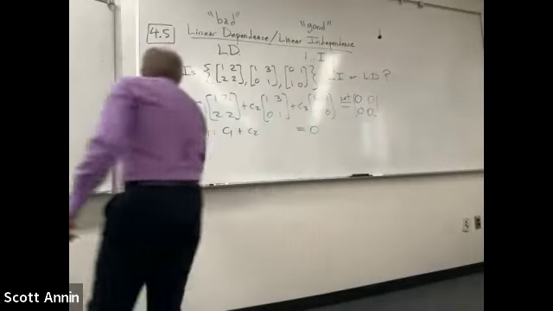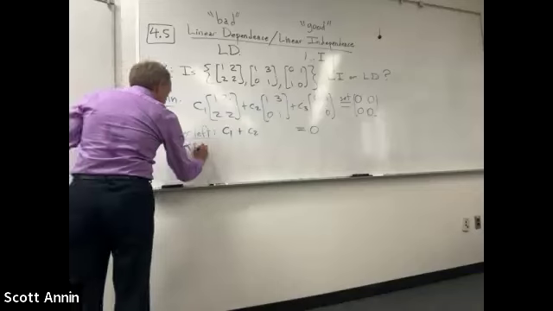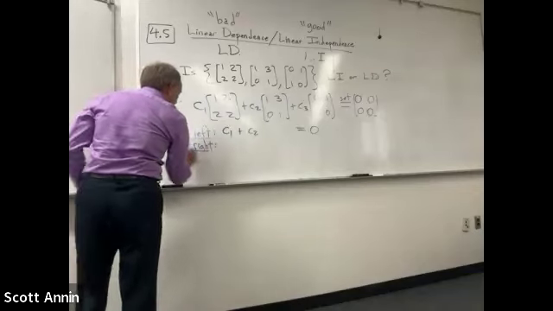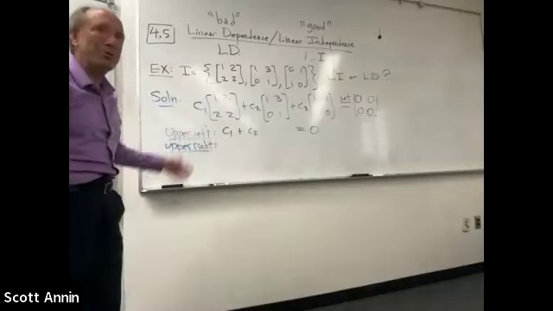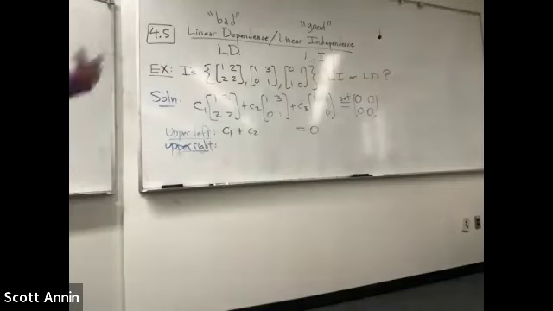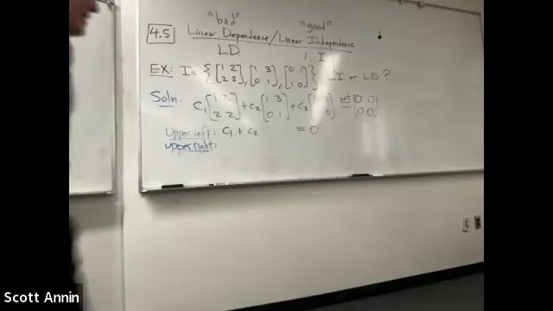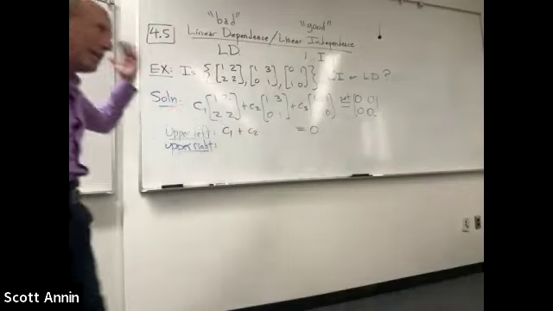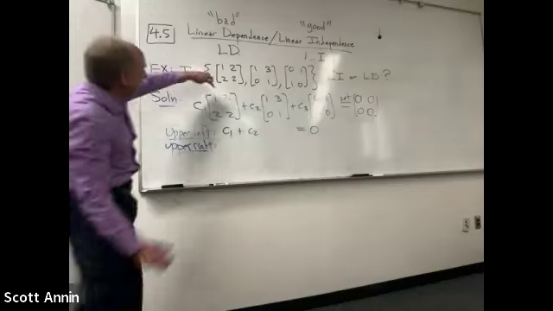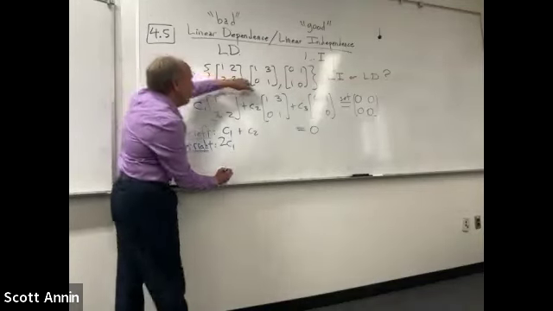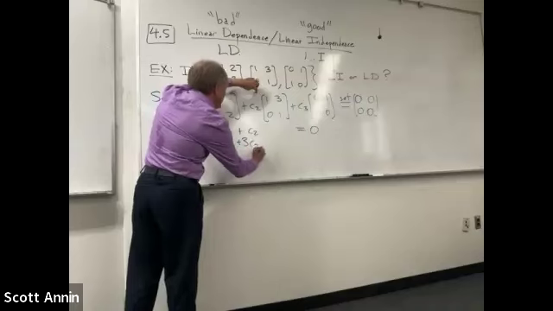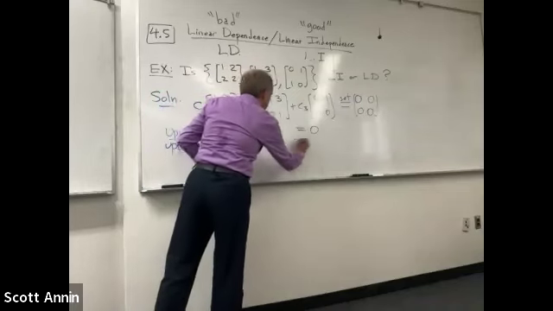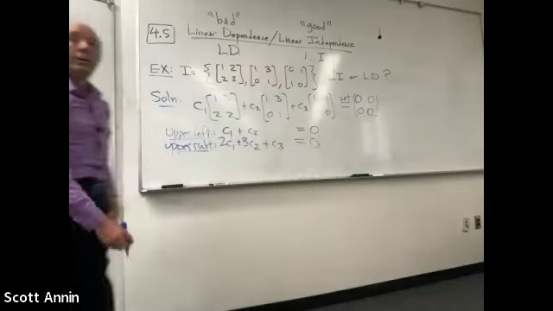Then the upper right corner, by the way, guys, in a few minutes you'll realize we will never have to do all of this work. I'm playing silly with you for a minute because I don't like to just say, just do this. I like you to understand where it's coming from. The upper right corner has a 2C1 plus a 3C2 plus a C3. That adds up to 0.